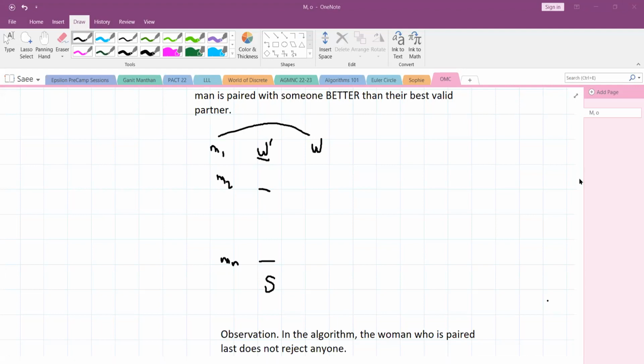I think, yeah, and then maybe I can just end with some interesting exercises to think about, and some nice results maybe, and some more questions to think about as well. So, one of the questions is, can we extend this algorithm to colleges and applicants, where every college has a capacity of more than one applicant?